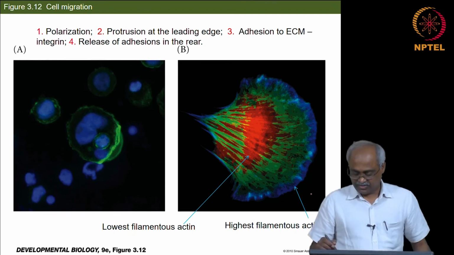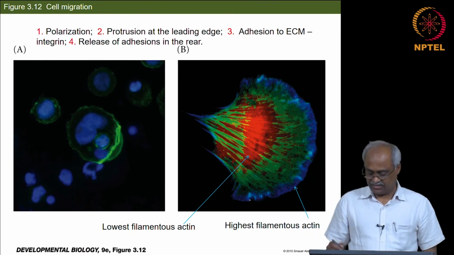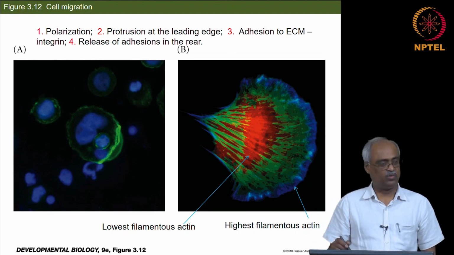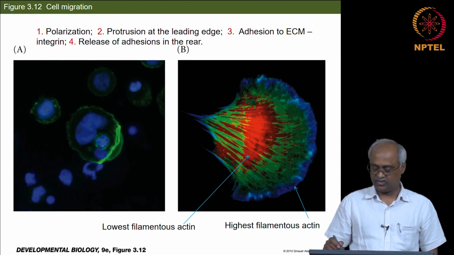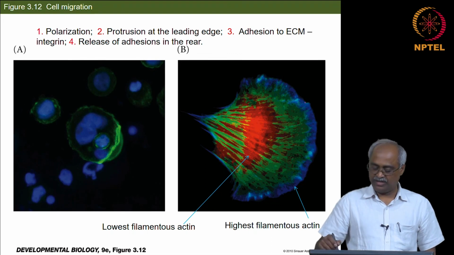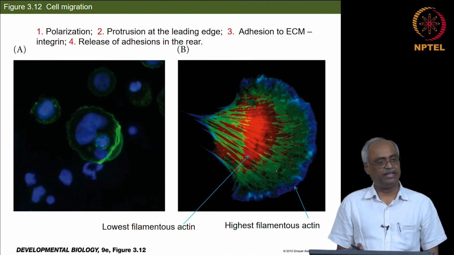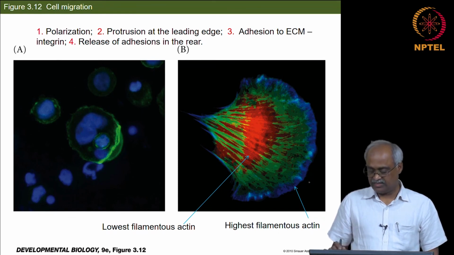So, this blue is the highest of the filamentous actin and the red is the lowest. They are color coded, and here you have intermediate concentration. So, you have filamentous actin more in the migrating side, in the lamellipodia, and this leads to adhesion to the ECM.